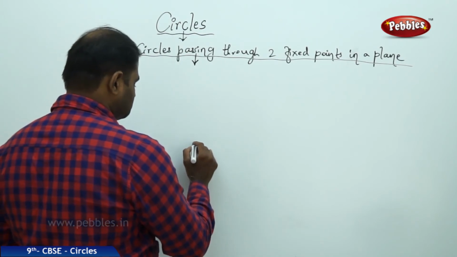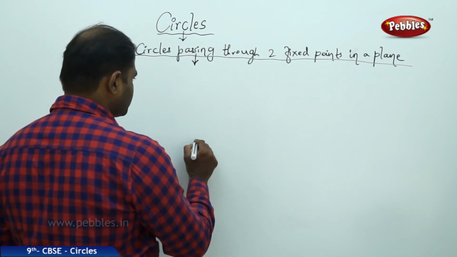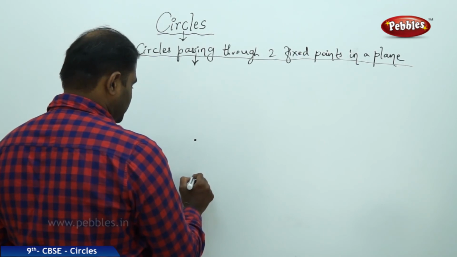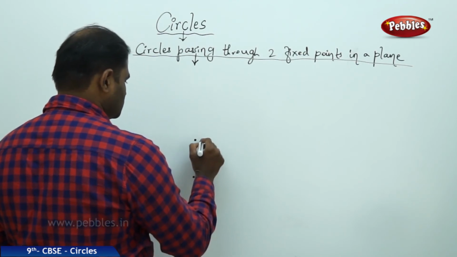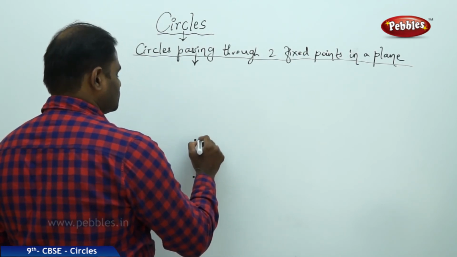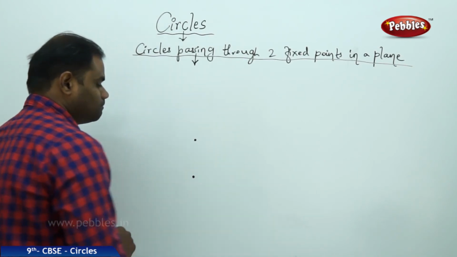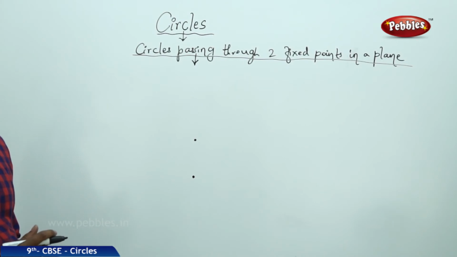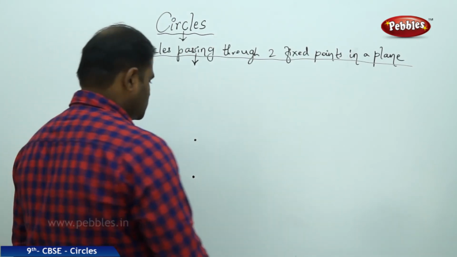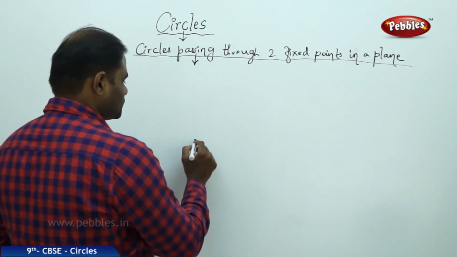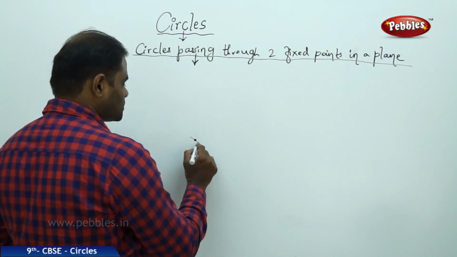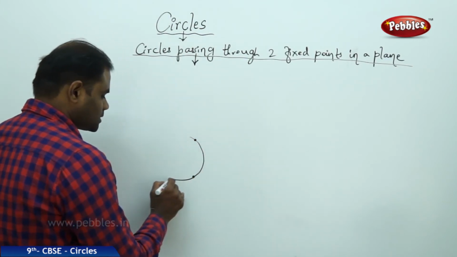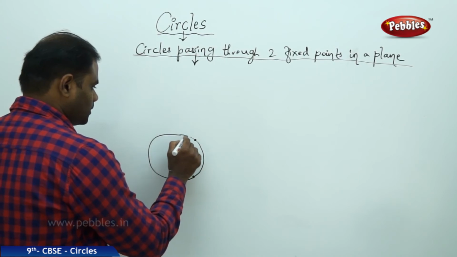Suppose I take 2 fixed points out here. So let's see how we can draw the different circles through this plane. Now with these 2 points, I have a circle which is made to pass through.